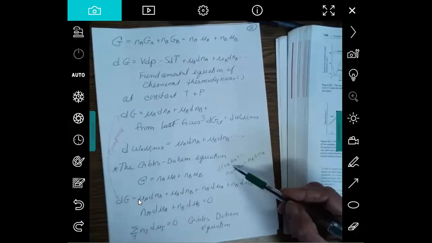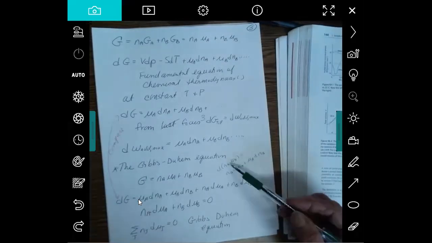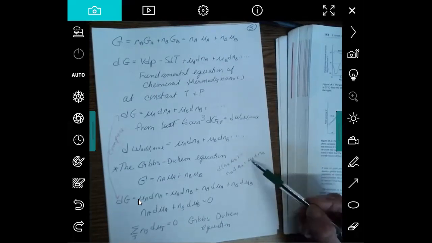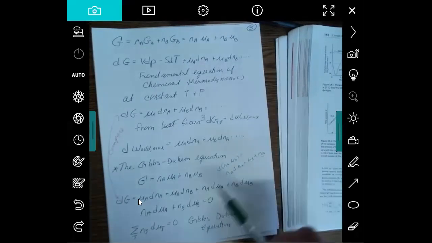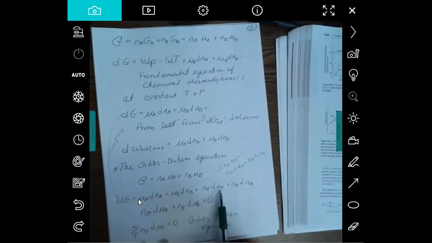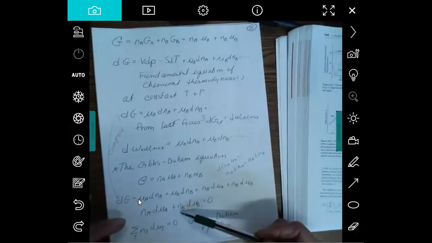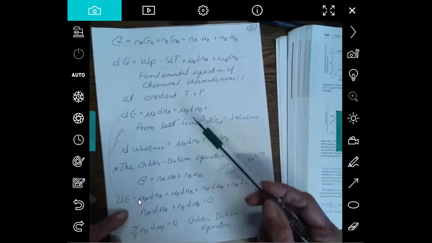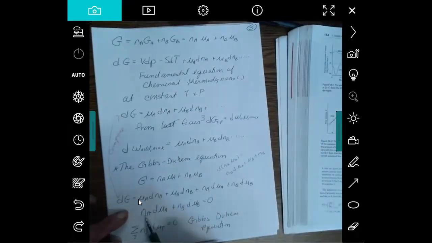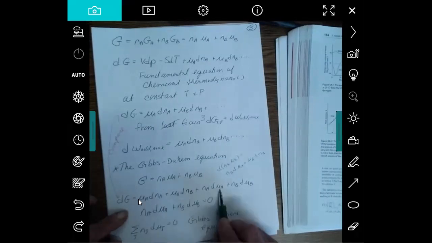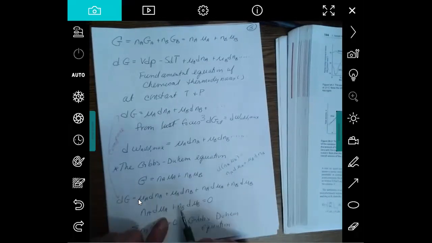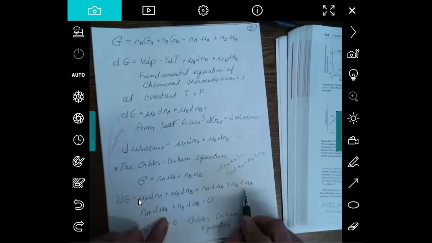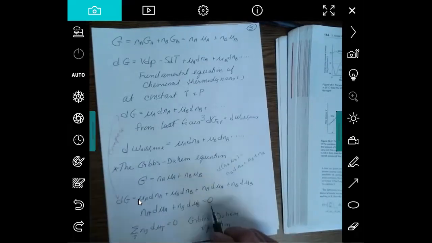So just like we expanded any differential to be: hold one constant, change the other, hold the other constant, and change the one that you held constant in your first change. So we'll get 4 different terms. But if you compare this equation back up to this equation, what you'll notice is that the sum of NA times how the chemical potential of A changes plus NB times how the chemical potential of B changes, those have to add up to 0.